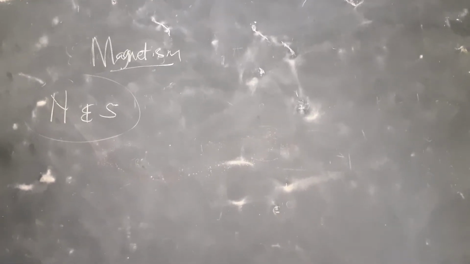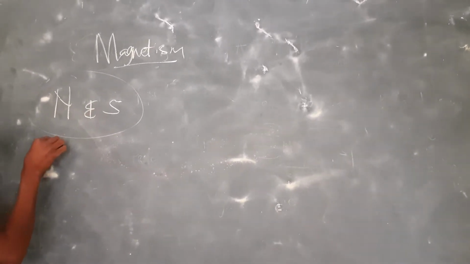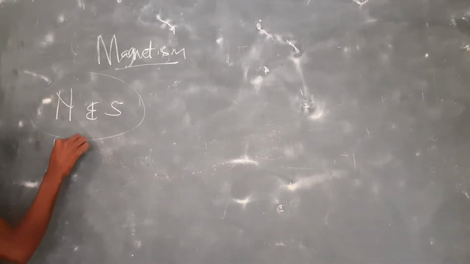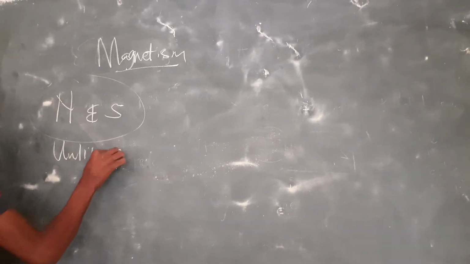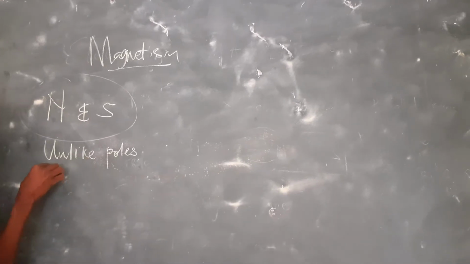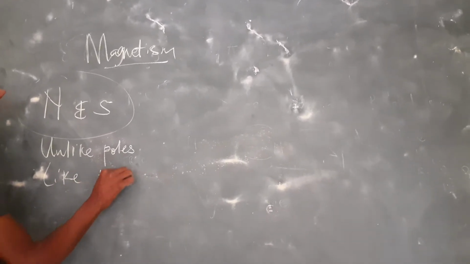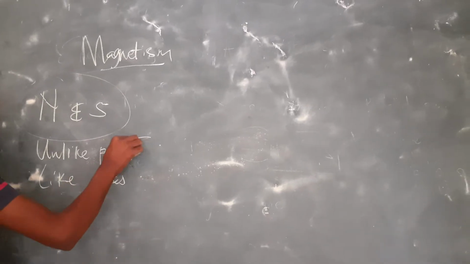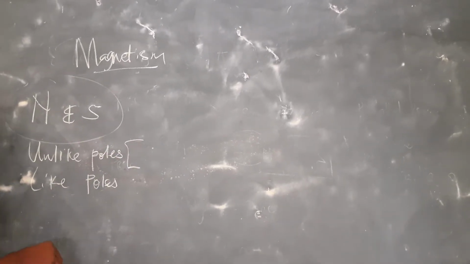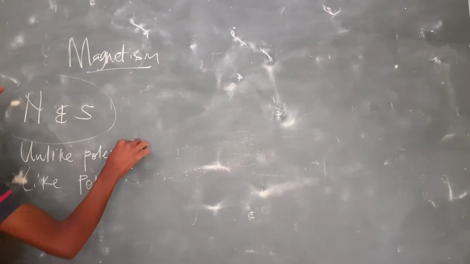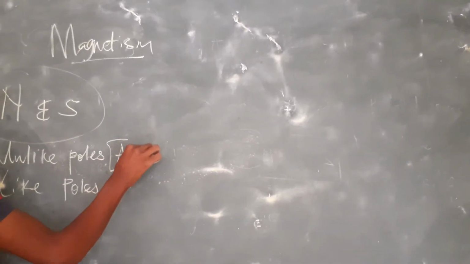this works. So between north and south, we have what you call the unlike poles, and then we have like poles. Unlike poles experience what we call an attractive force, or attraction.